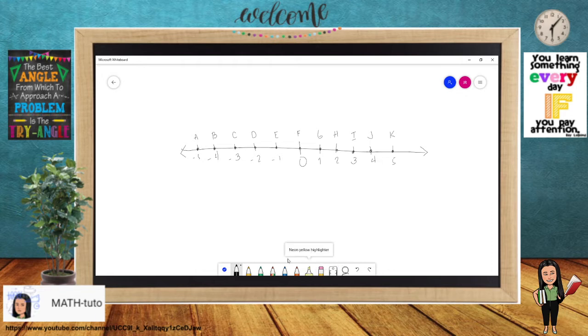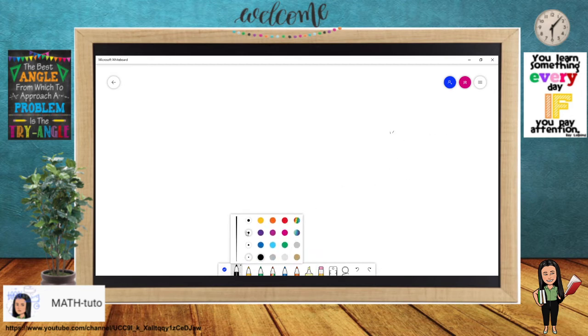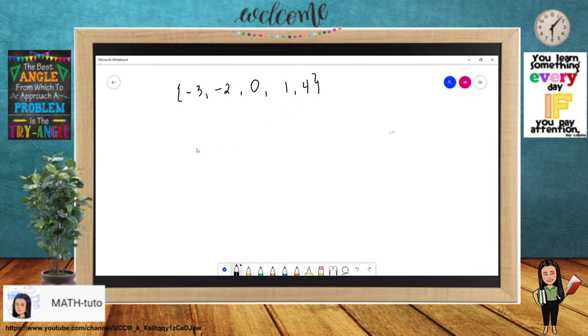So now, let us sketch the graph of some numbers. I will erase this. Let's have some examples. Let us sketch the graph of this set. We have here negative 3, negative 2, 0, 1, and 4. Let's draw a number line. Sorry, my line is not really very straight.